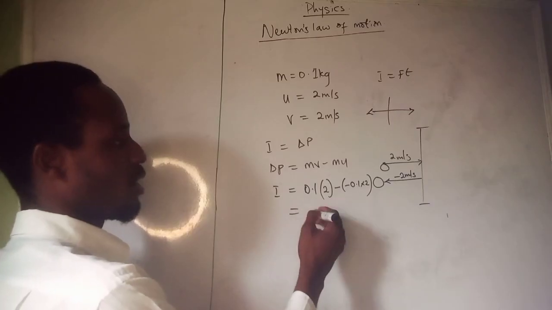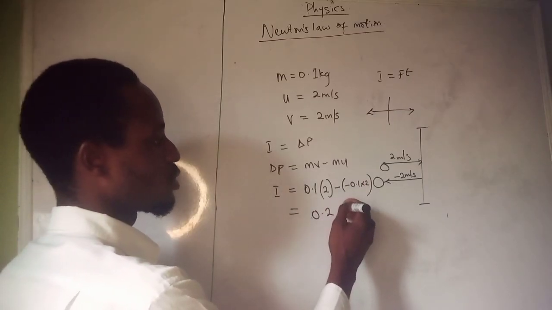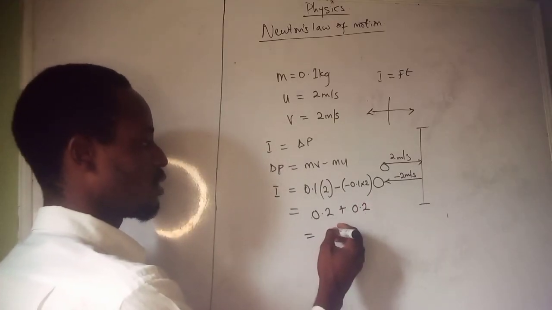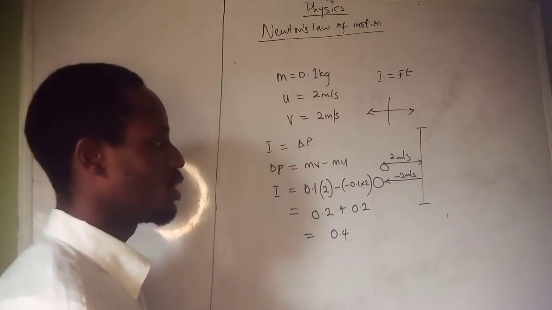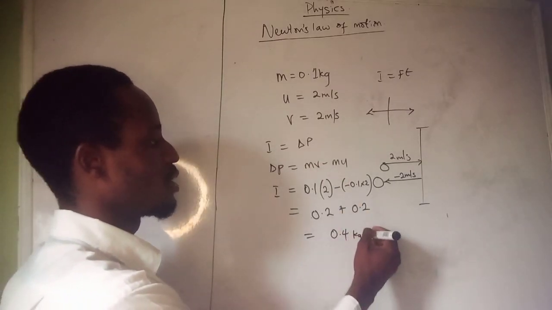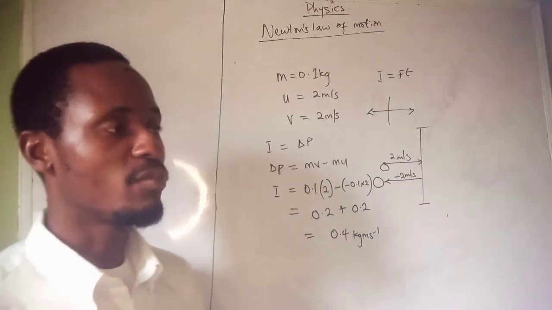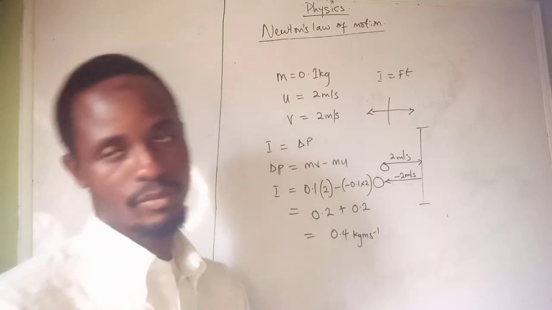So which means I'll be having 0.2 plus 0.2. So the impulse received is going to be 0.4. Then you can put your unit as kilogram meter per second. So that is the impulse received by the wall, or the change in momentum of the ball.